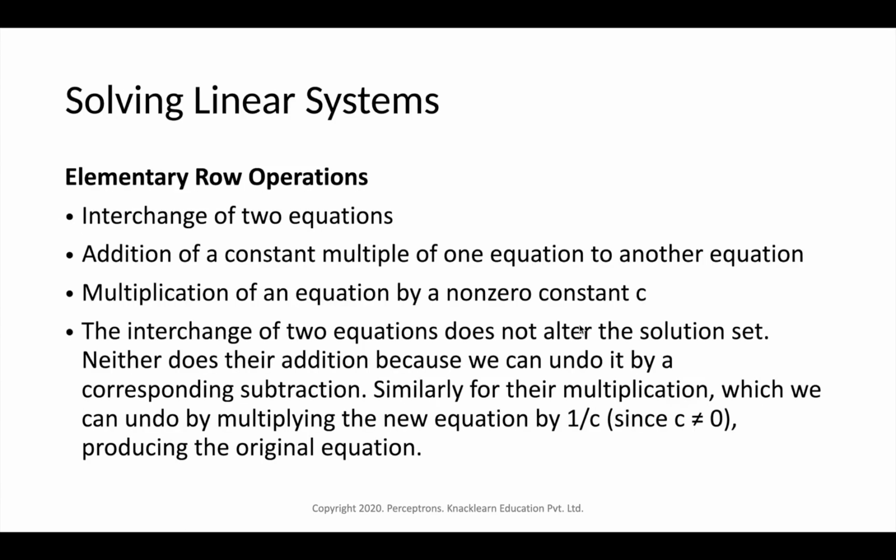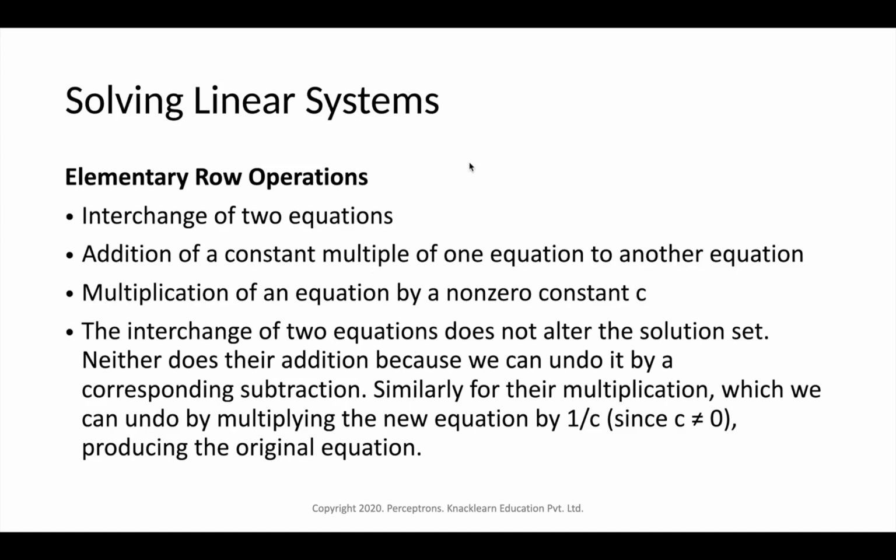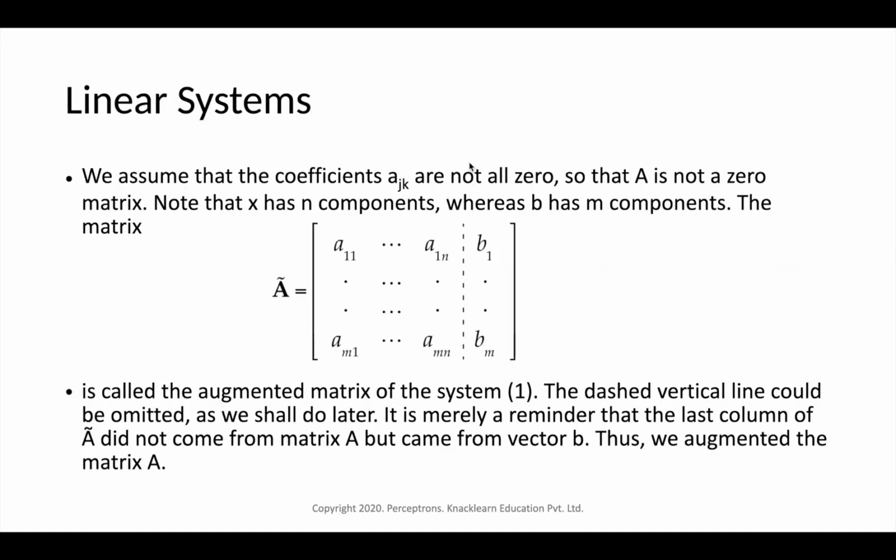Now, to solve this linear system of equations, we perform something called elementary row operations. A linear system of equations is where you have multiple linear equations, so within a matrix we have multiple linear equations. Here we have a11 to a1n, giving us an output b1. This is the first equation.